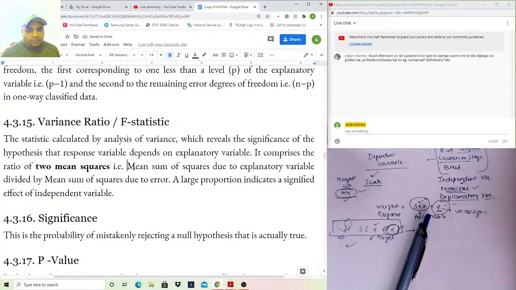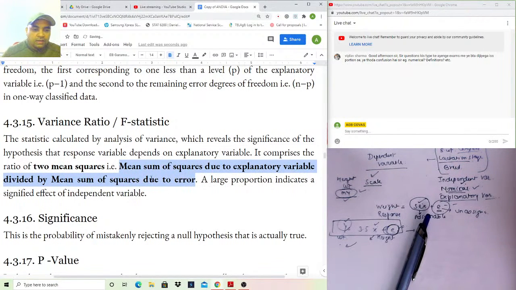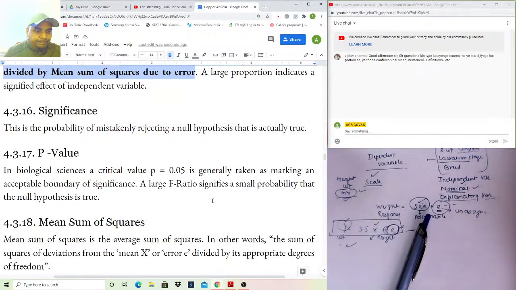These are the mean sum of square due to explanatory variable divided by the mean sum of square due to error. When we divide the mean sum of square due to explanatory variable by the mean sum of square due to error, it will give you the F statistic. Then what is significance? This is the probability of mistakenly rejecting the null hypothesis when it is actually true. Okay, this is another way of explaining the significance, right?